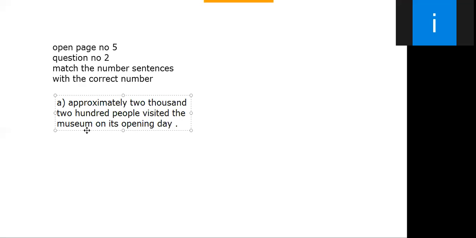So I'm going to read it again. Approximately 2,200 people visited the museum on its opening day. And now you can see in a yellow box, they give you the values there. You have to find which one we are going to match with it.